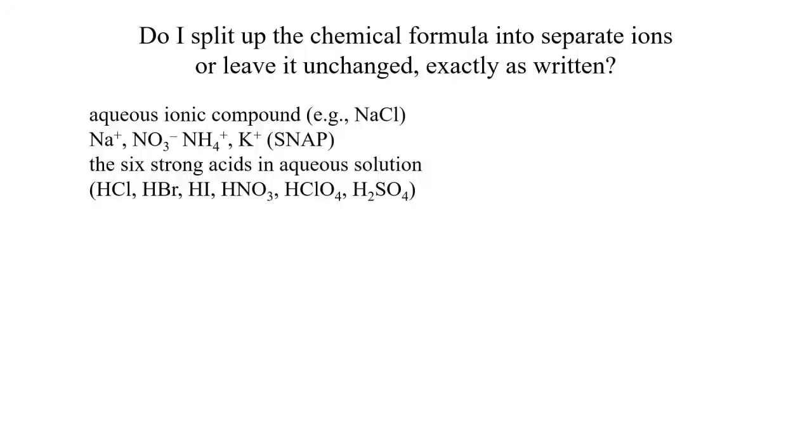If you have an aqueous ionic compound, such as sodium chloride, or any aqueous ionic compound that contains one of the 4 soluble SNAP ions, so the SNAP ions are sodium, nitrate, ammonium, or potassium, or if you see one of the 6 strong acids in aqueous solution, such as hydrochloric acid or hydrobromic acid, then you would split up that chemical formula into separate positive and negative ions.